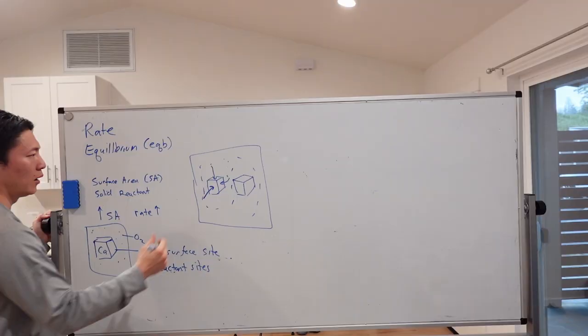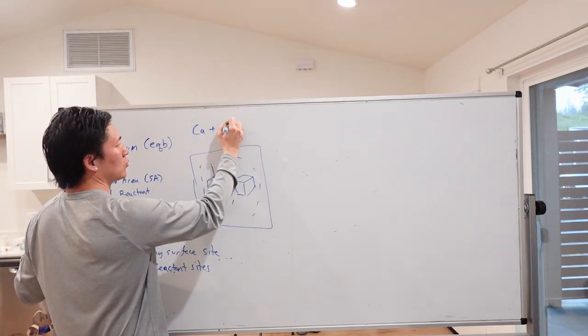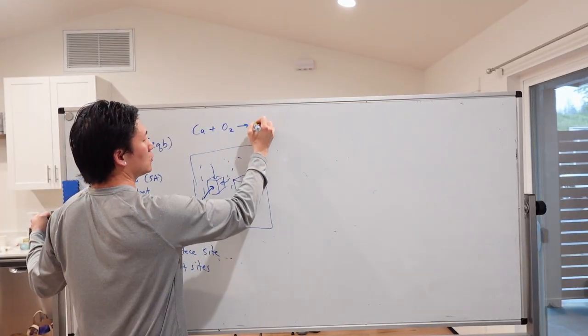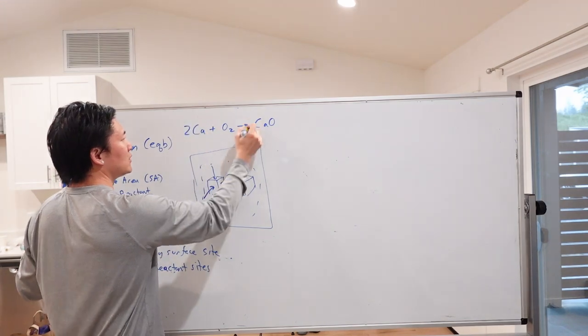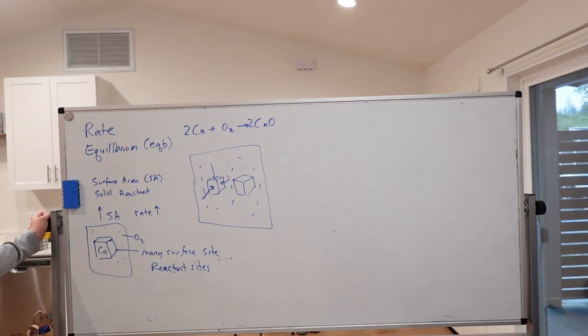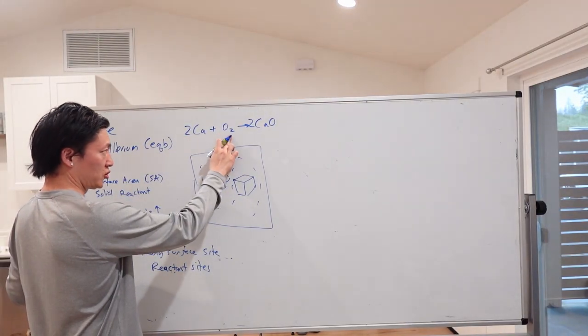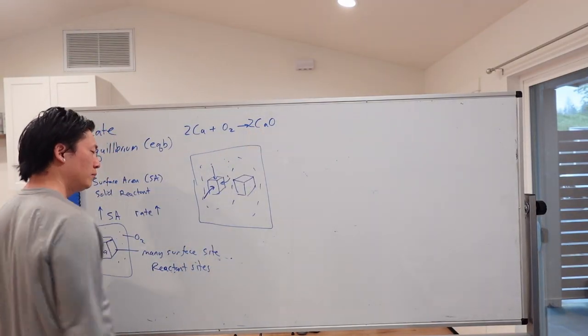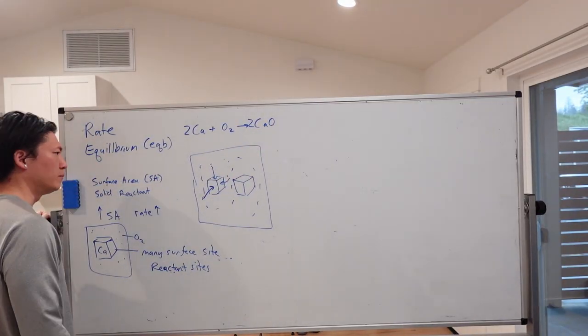In other words, in this reaction, calcium reacts with oxygen gas to go to calcium oxide, and we could balance this like this. Solid calcium reacts with oxygen gas to make solid calcium oxide right here.